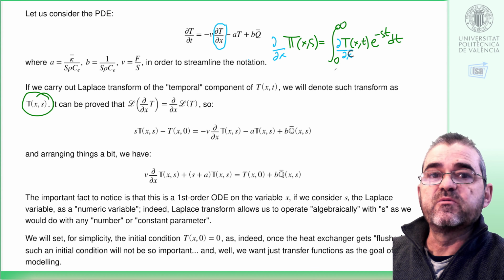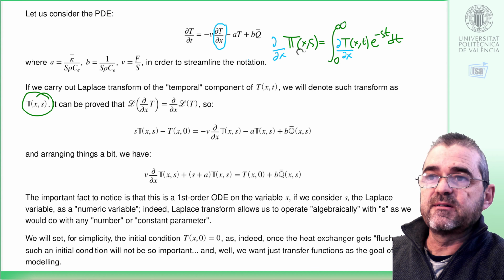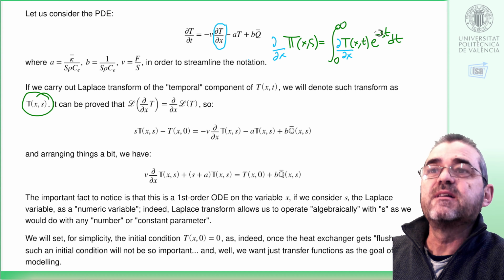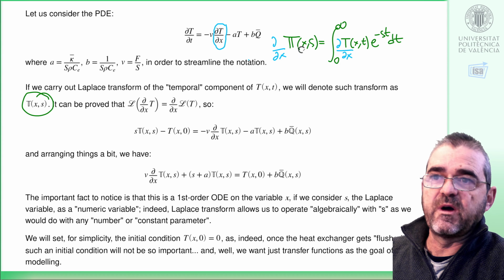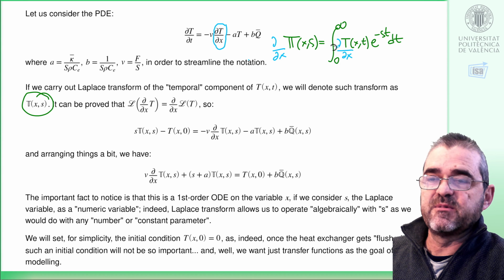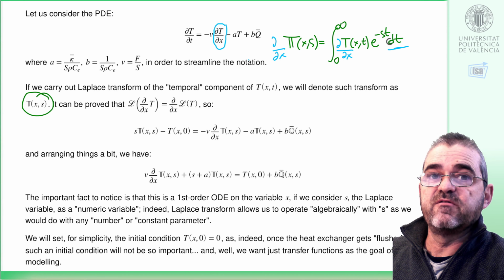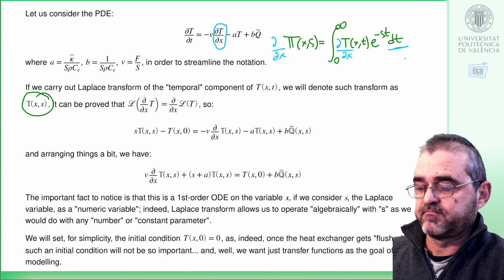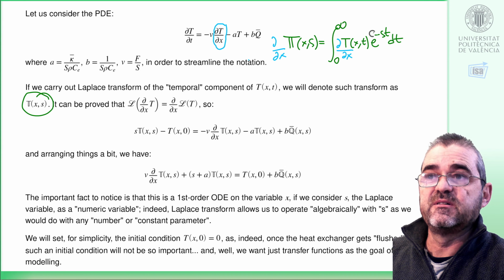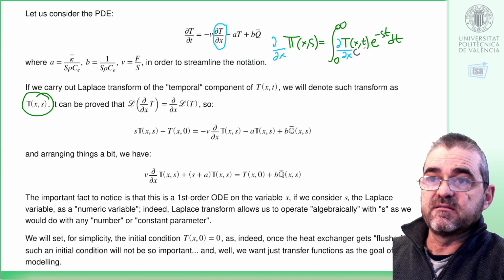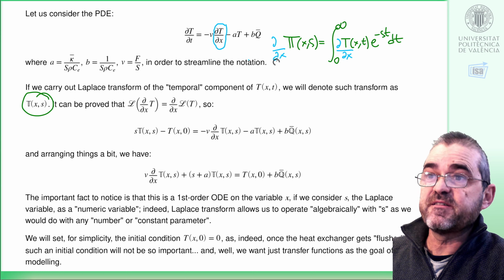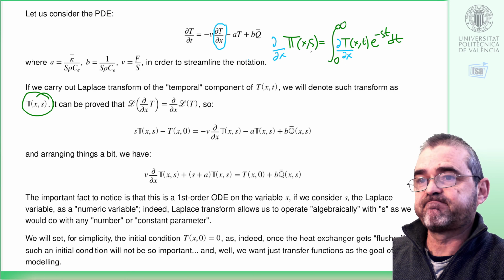Of course, formal proofs are more complicated with limits, etc., but it seems common sense because x is not the variable involved in the integration. So the Laplace transform of the spatial derivative is the spatial derivative of the Laplace transform.